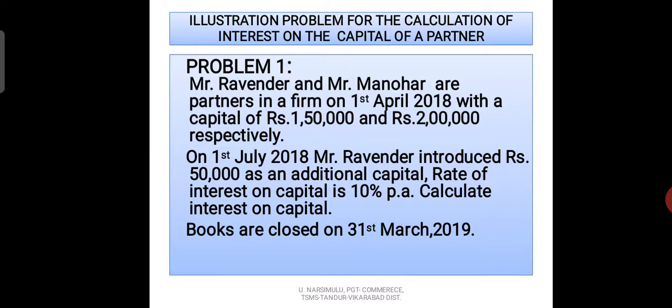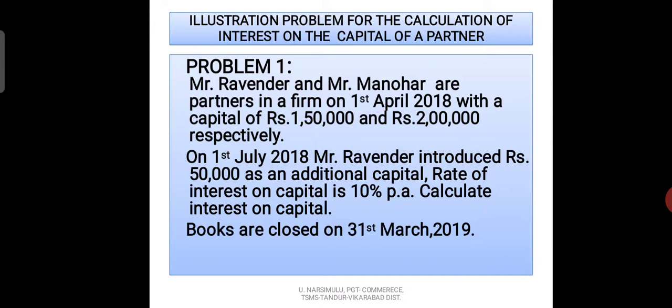So two dates are important for us. One is the opening date and closing date. So we are going to open the accounts on 1st April of every year, and we close the accounts on 31st March of every year.